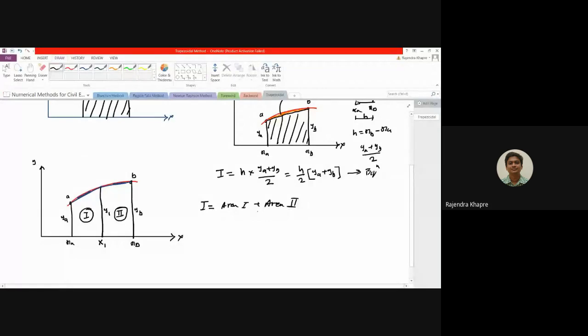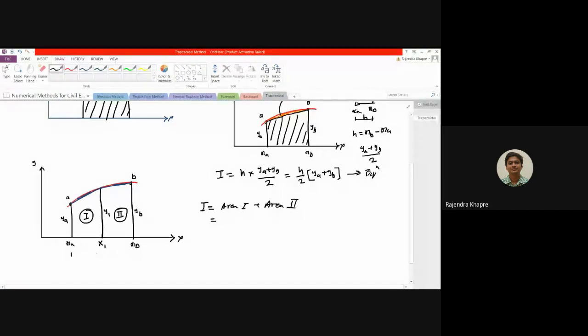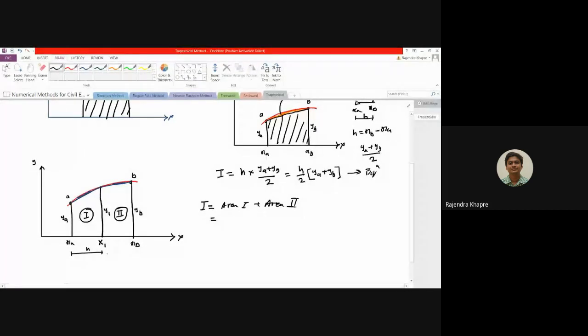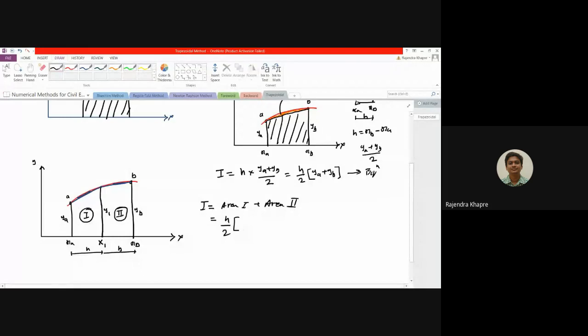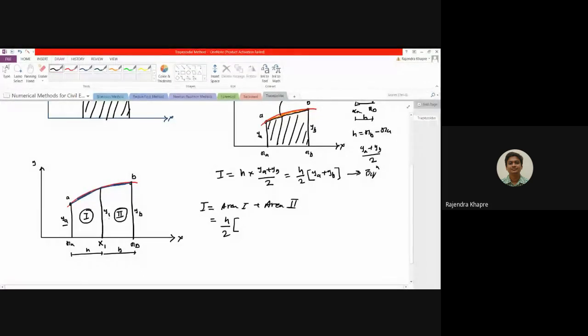Okay, so to calculate the area of the first portion, this will be something like h. So here h will be like this. In the earlier case h was the full distance between xa and xb, but now h will be the distance between xa and xb divided by 2, exactly half of that. So I'm going to write down h by 2 into, so you have now ya and y1, isn't it?